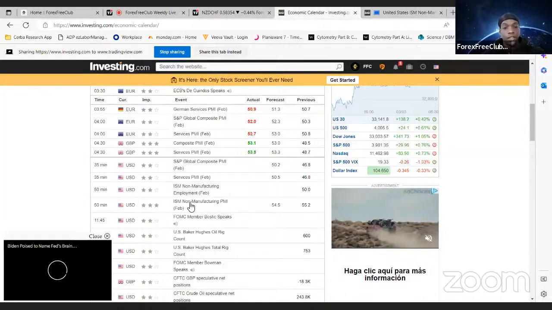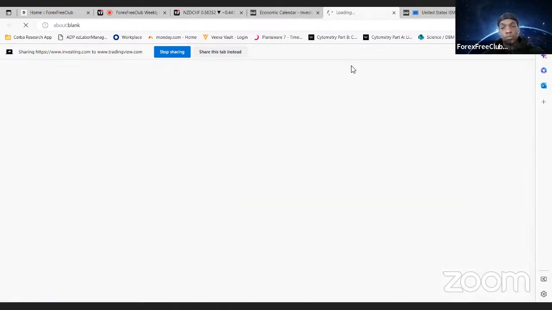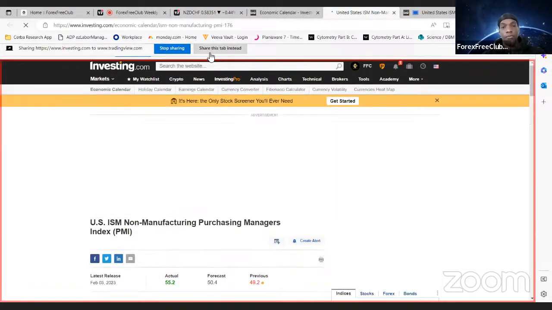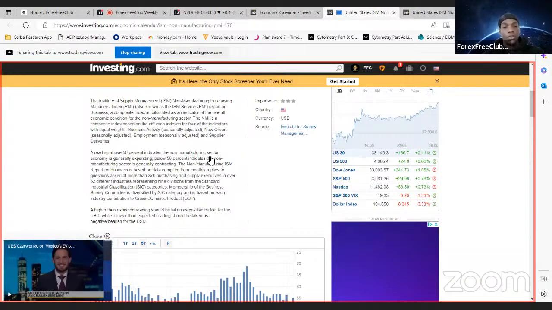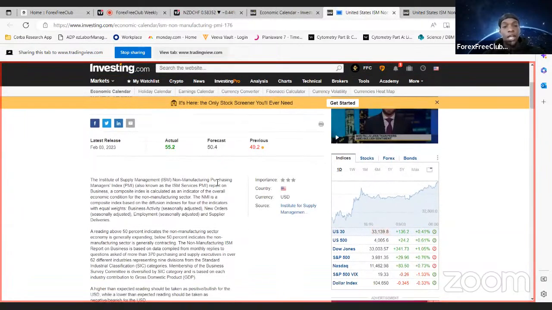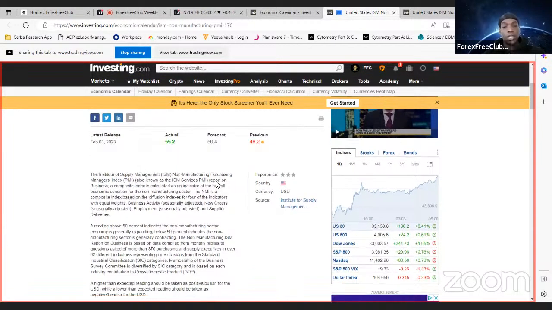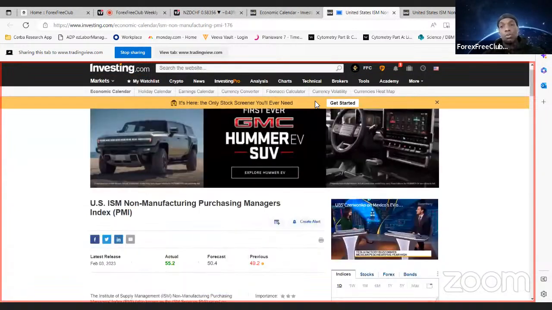All right, and then non-manufacturing PMI. So forecast was 50.4, actual was 55.2, so that is positive for the US dollar. So we'll keep that in mind.